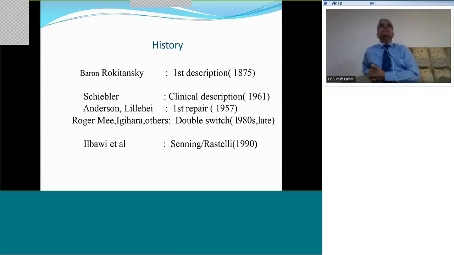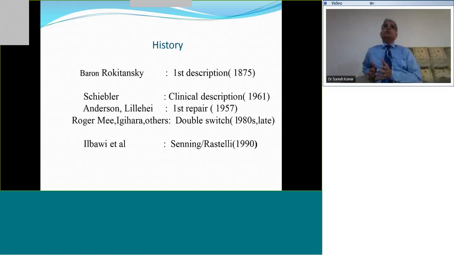There's some history behind this. The first description was by Baron Rokitansky, way back in 1875. But like many such conditions, the actual clinical description and recognition of the clinical relevance came only in the 1960s, by Schiebler. And the first repair had been attempted by Anderson and Lillehei in 1957.